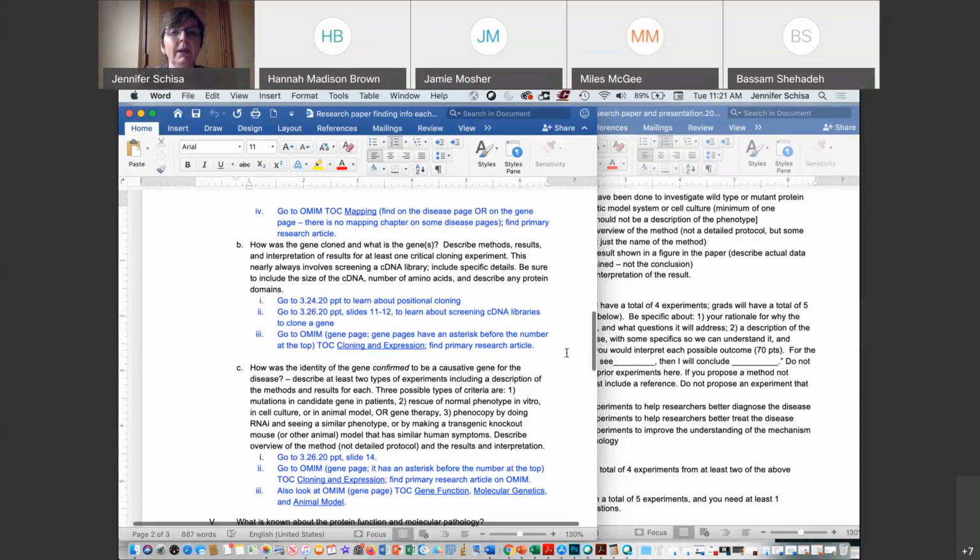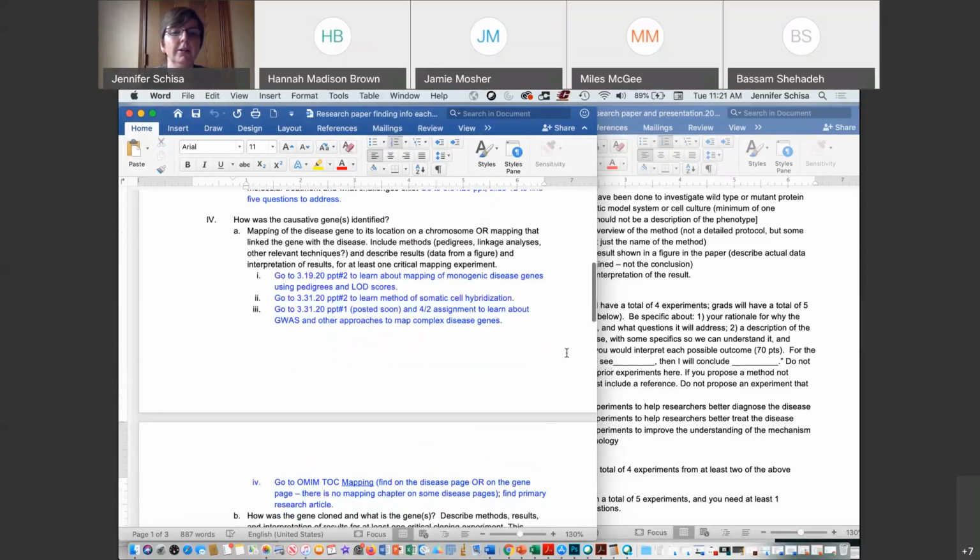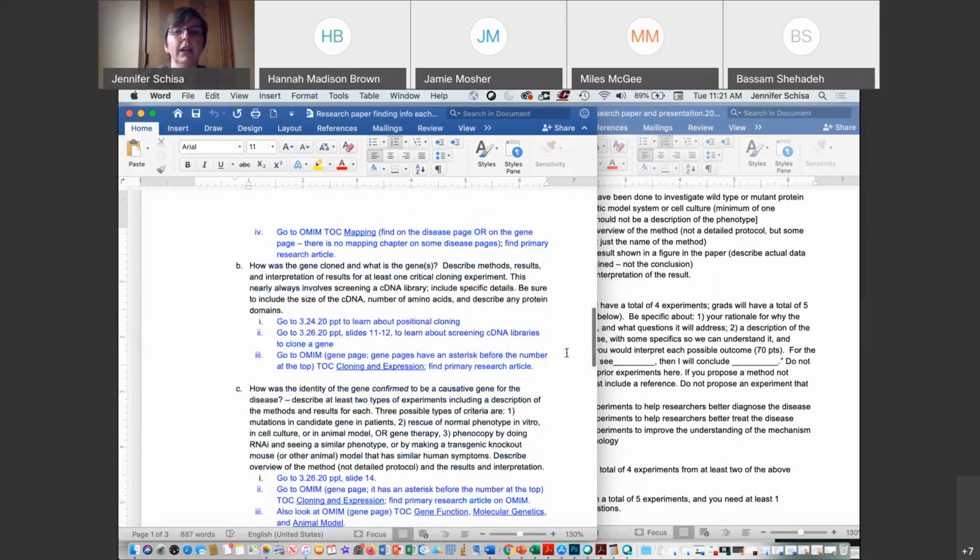So importantly, remember that there's two, here we go. Let's go back here to the cloning, that there's two kinds of pages in OMIM. So there's the gene page, and then there's the disease page. So the gene pages have an asterisk before the number, like 21375 or something like that. They have an asterisk. That's how you know you're on a gene page.